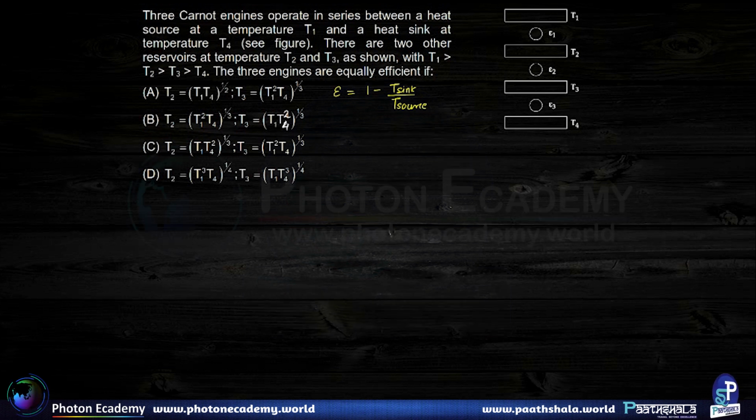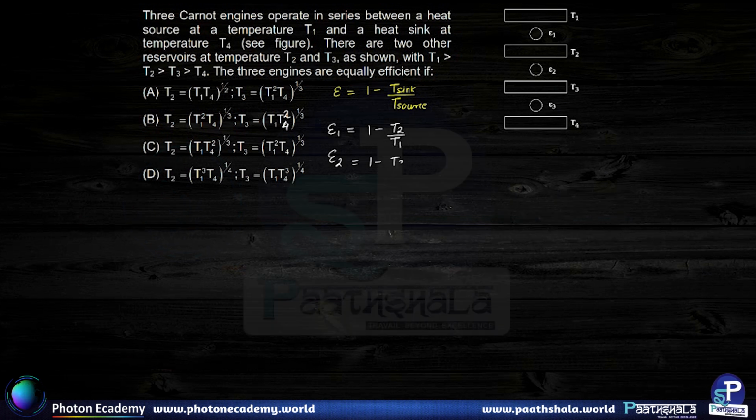So by this equation we are going to get epsilon 1 to be equal to 1 minus T2 upon T1, epsilon 2 to be equal to 1 minus T3 upon T2, and epsilon 3 to be equal to 1 minus T4 upon T3.